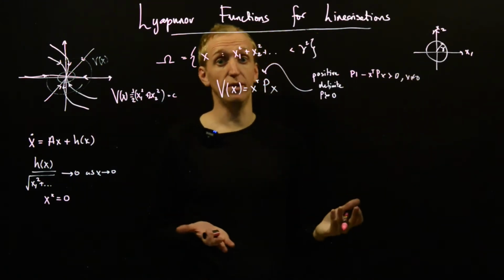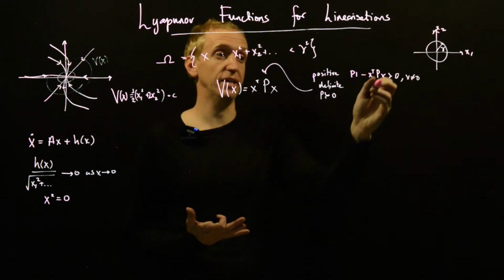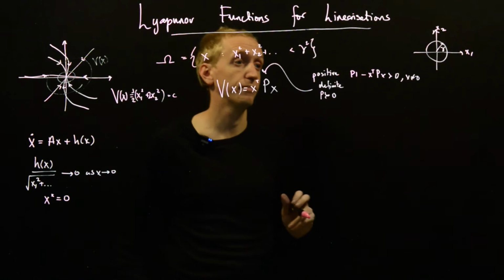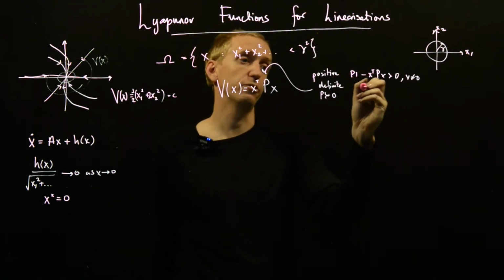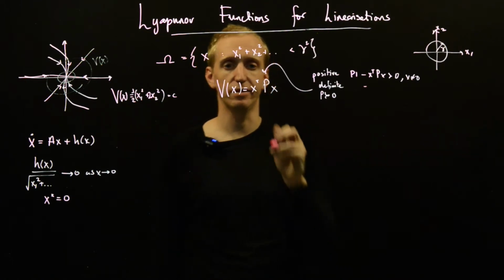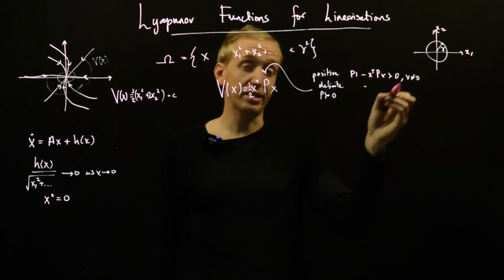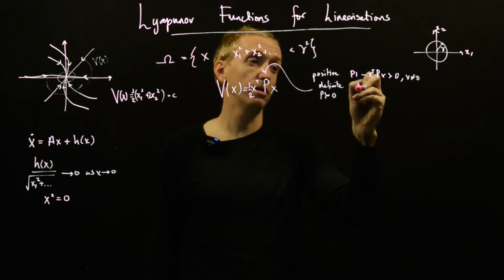And this is actually the defining property of a positive definite matrix. A matrix is positive definite if it satisfies this condition. And you can already see why they might be good Lyapunov function candidates. I promised we were going to put a half in here. So that's the defining property.